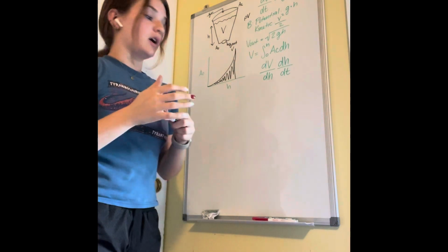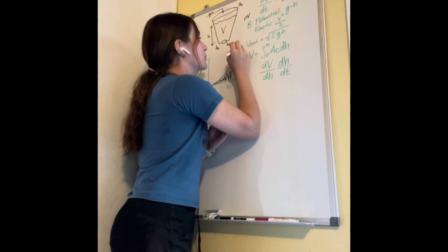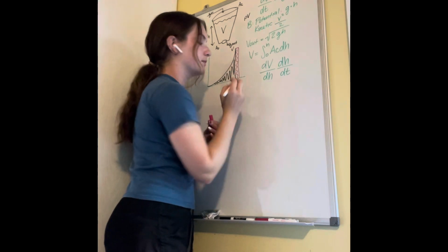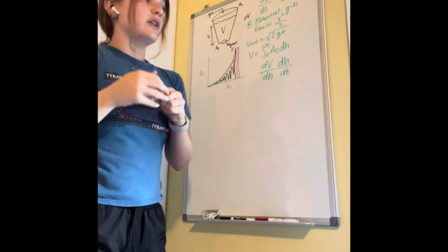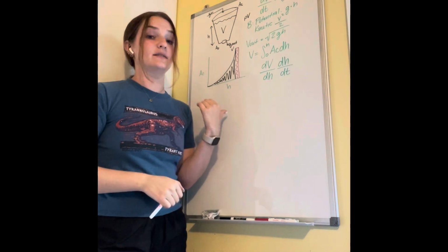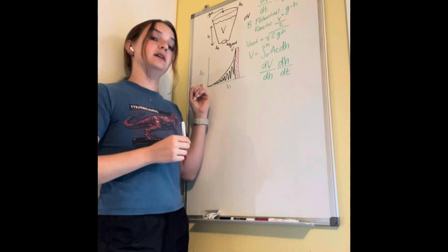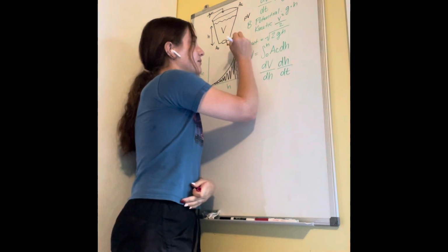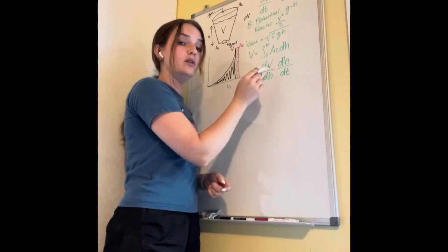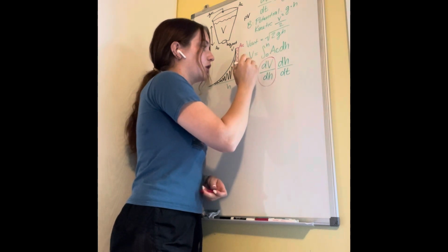So the derivative of the volume will actually be this small slice right here. Now this shows how our volume is increasing as our height is increasing. And actually this small slice right here, as we can see, is AC. So we can say that the change in volume over the change in height is actually our cross-sectional area.